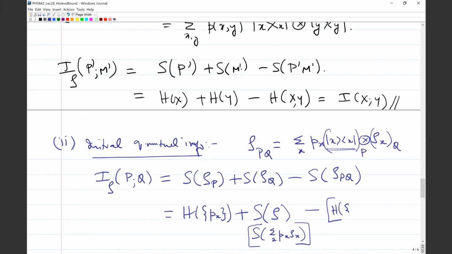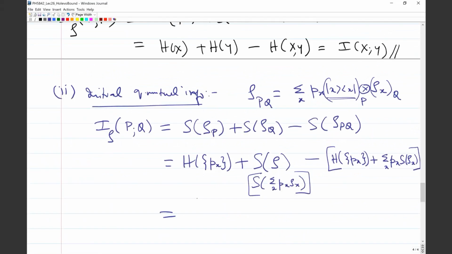You can view this as having two sources of information or uncertainty. There is the part that comes from the Shannon entropy of the Px plus the weighted sum of the quantum entropies of the individual density matrices, right? So you see that these two classical bits cancel out. And so what you have is S of rho minus the sum over X Px, S of rho X. So what is this? This is the quantum mutual information between P and Q initially, right?